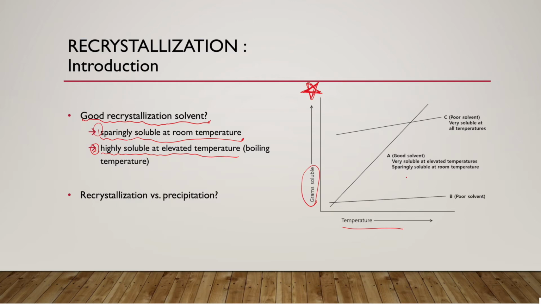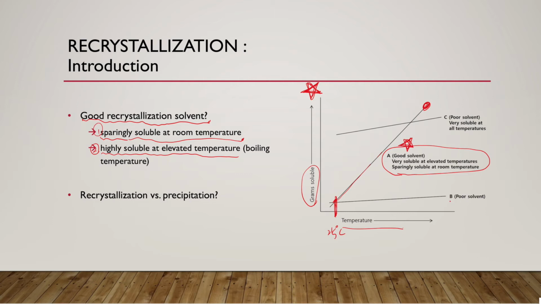If we take a look at solvent A, which is a good solvent for recrystallization, it is very soluble at elevated temperature here, but at room temperature, let's say this is 25 degrees, its solubility is very poor. That is the behavior of the solvent that we always have to look for in recrystallization. That is a good solvent you have to choose.